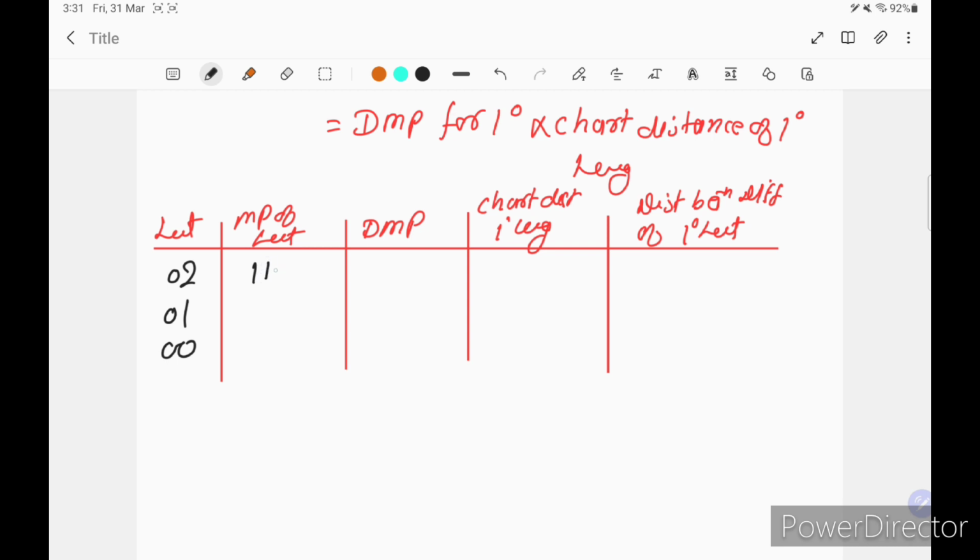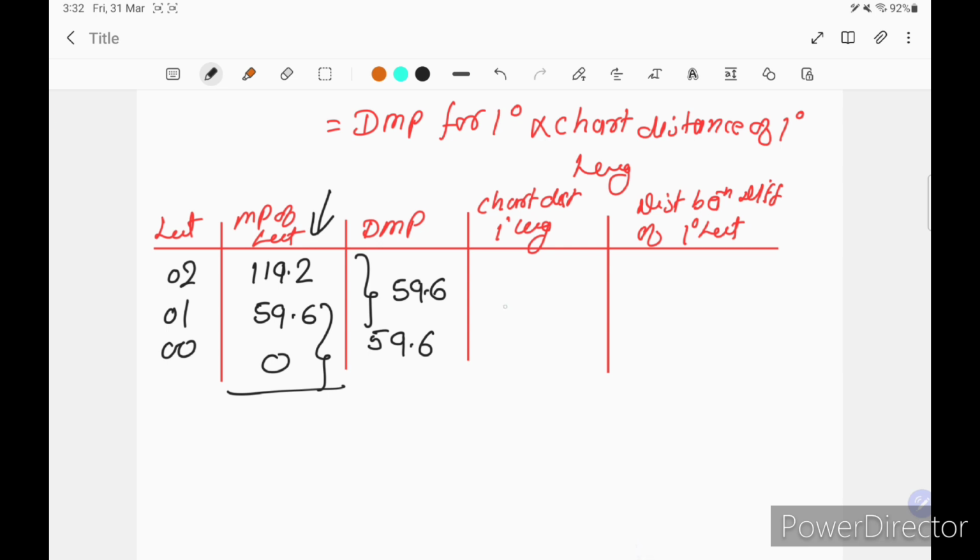When we calculate 119.2, 59.6 and 0, you know where you get these values? In Norie's table. Okay, so the difference between them is 59.6 and the difference between them is 59.6. Okay, so 1.852, which we calculated earlier in the questions. We multiply this, so we get 110.379 mm and 110.379 mm.